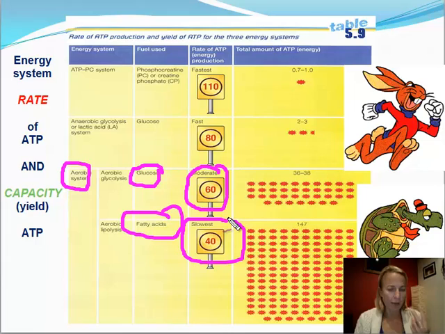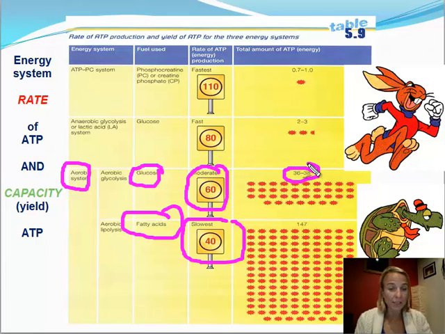So the two main fuel sources for aerobic, because protein is really only used in extreme circumstances. Carbohydrate is preferred and gives you a faster rate but not as much fuel, whereas fats give you a slightly slower rate but a lot more.